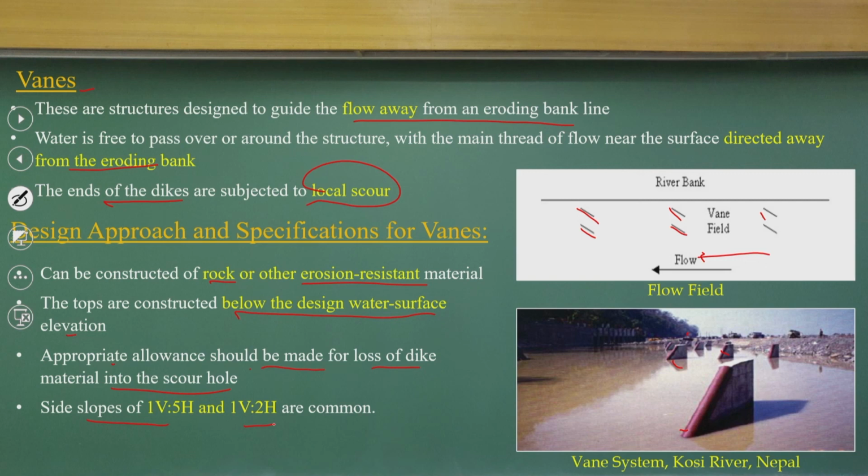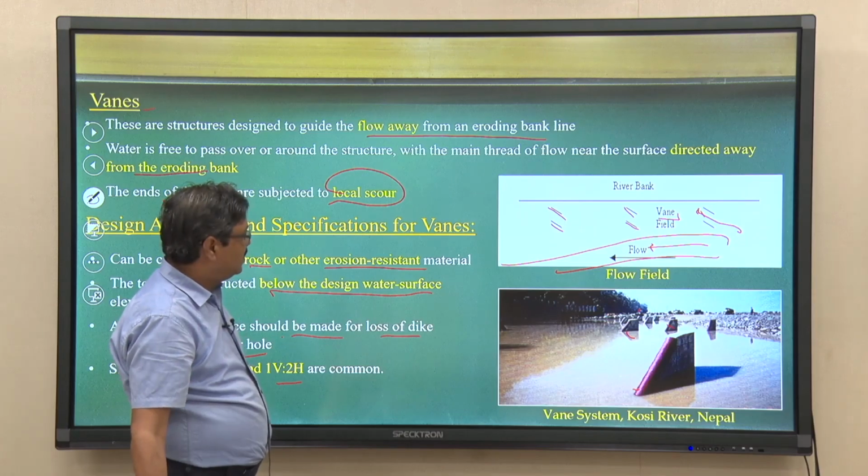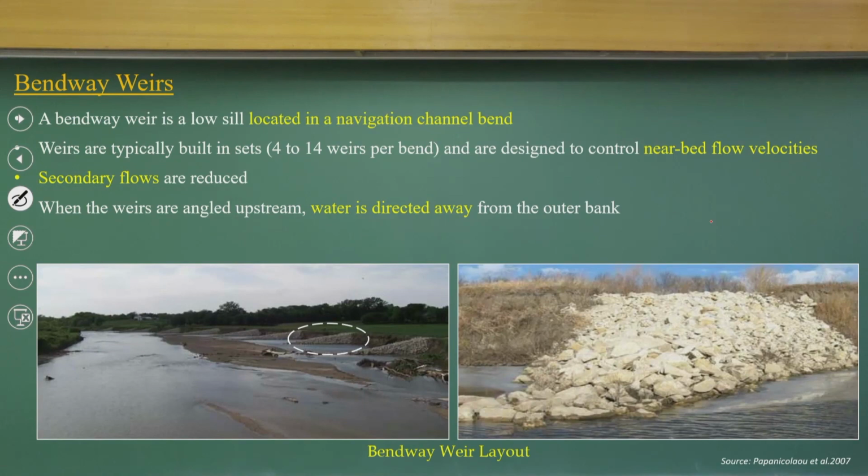These small structures can divert the flow away from the eroding bank lines, and that is what creates the field. The flow streamlines will go like this; it will not attack here. So, this type of structure is also put in river banks to divert the flow. This is good for smaller rivers where we can have flow diversions like this.